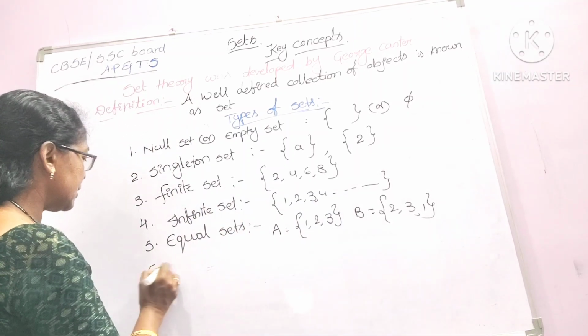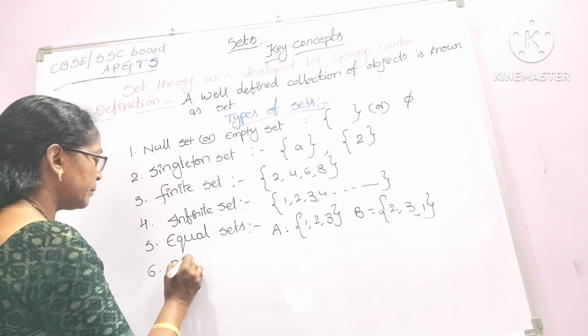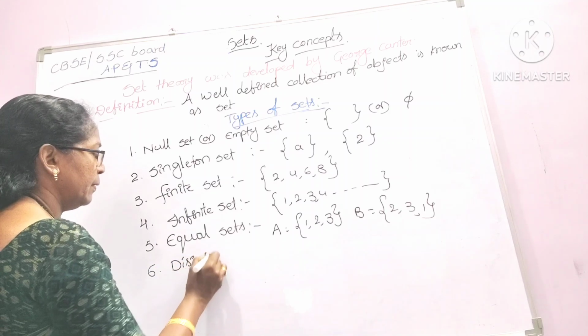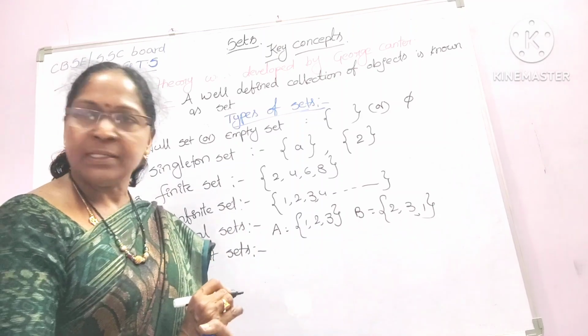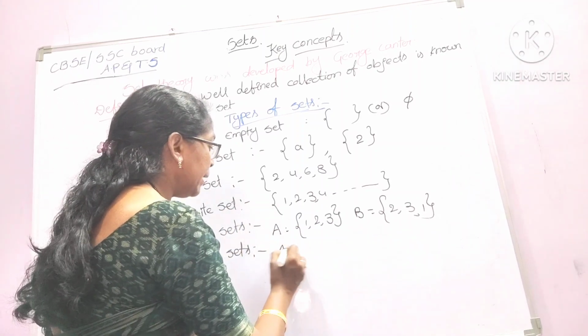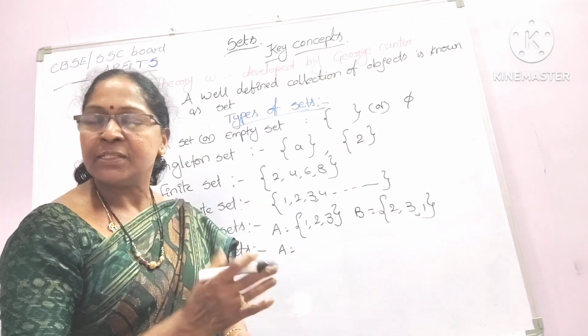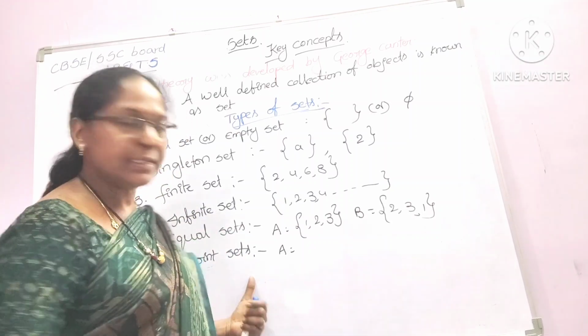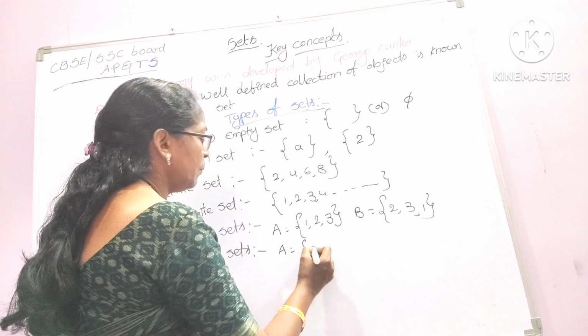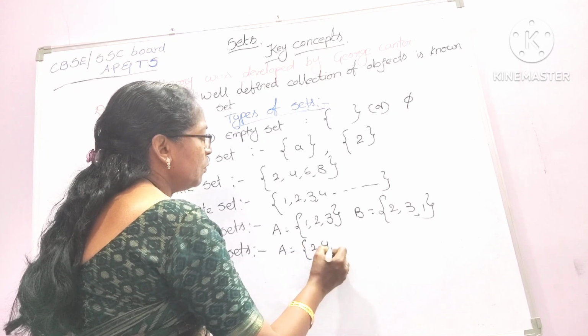And next one is disjoint sets. Disjoint sets means there is no common element in both sets A and B. Then we can say that those are disjoint sets. For example, A equals {2, 4, 6}.